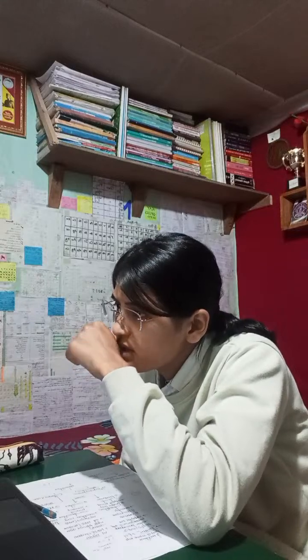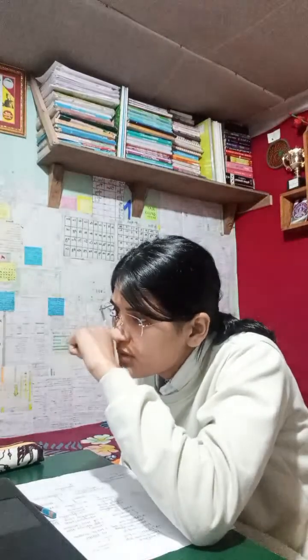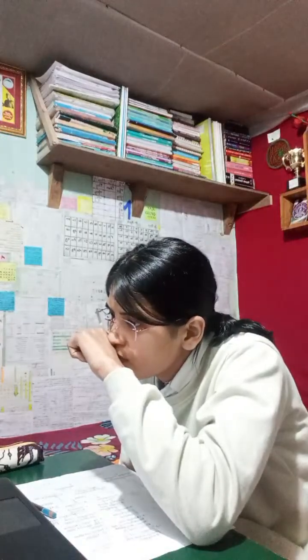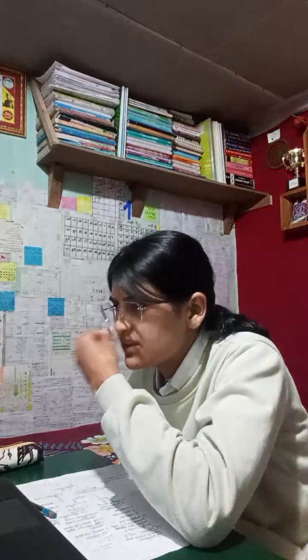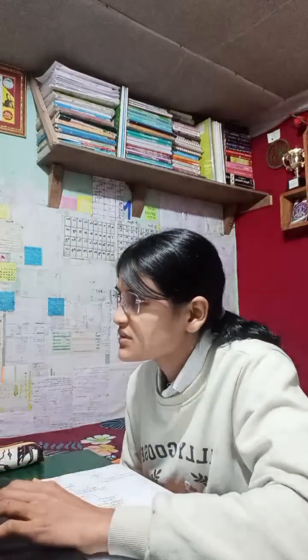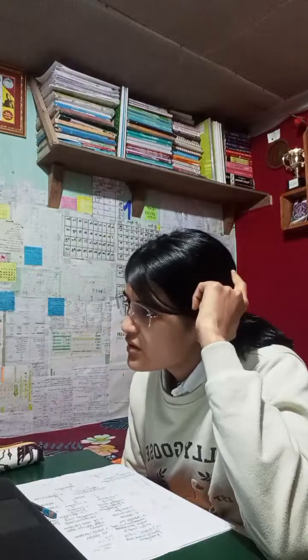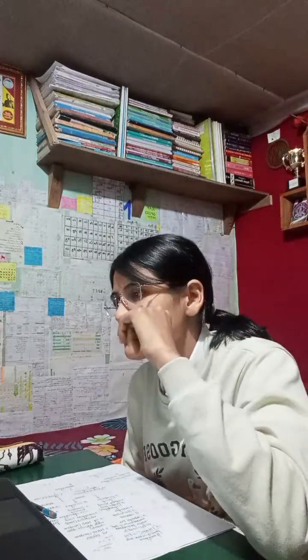D2. Foramen magnum. C4. Cranial nerves, peripheral nervous system. Cranial nerves. Brain and spinal cord.